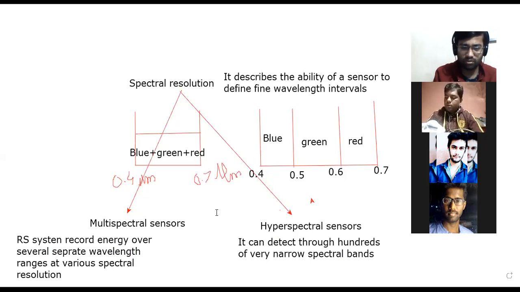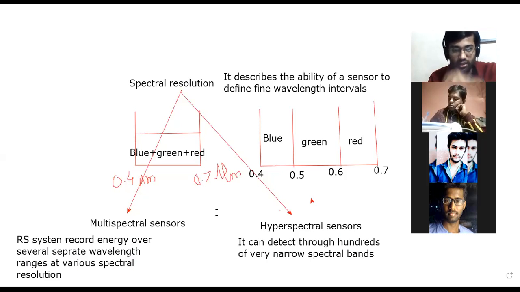So we have multiple uses. With the help of spectral resolution, we can identify the differences between every object, because we can get colorful images with the help of hyperspectral data. Clear? So this is about spectral resolution. Then third one. Clear? Any doubt up to this?